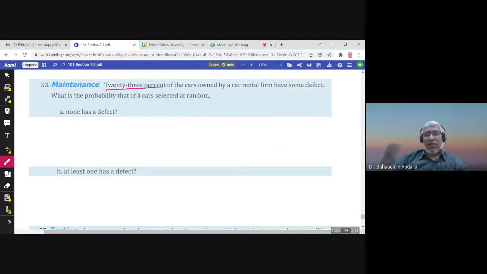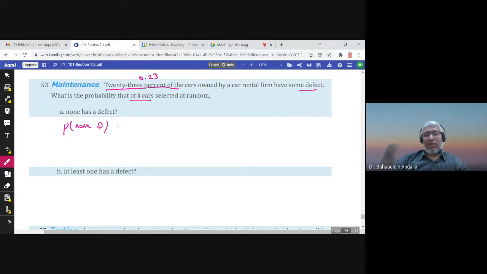23% of the cars owned by a car rental firm have some defect. So the probability of defective is 0.23. What's the probability that of 3 cars selected at random, none has a defect? We are selecting 3 cars and we need the probability that none has a defect.